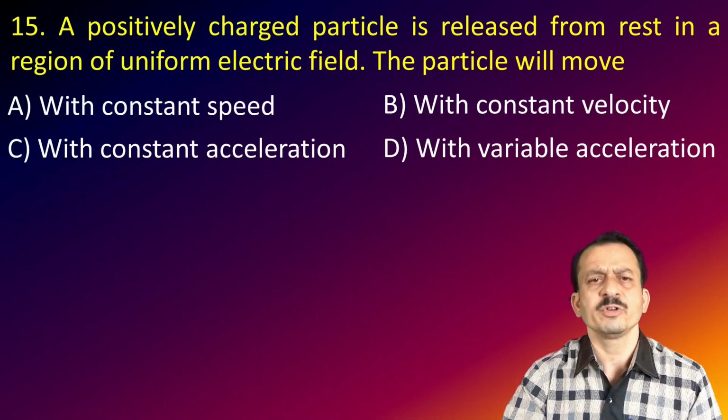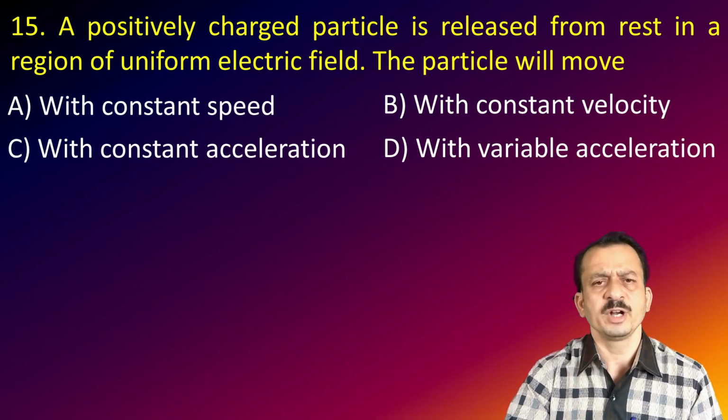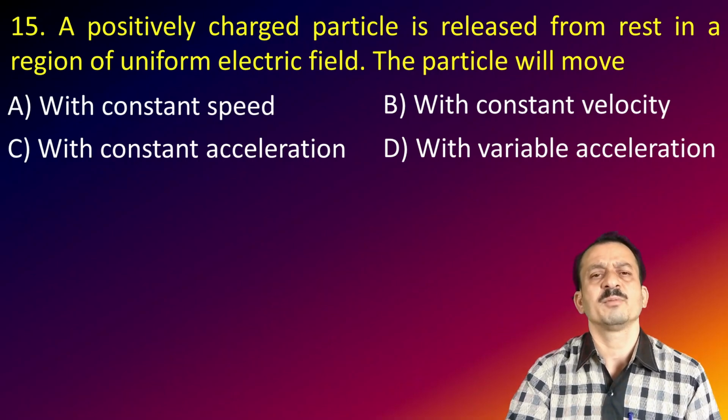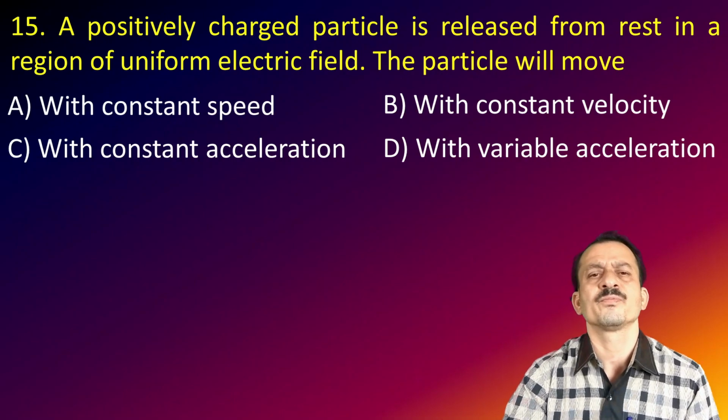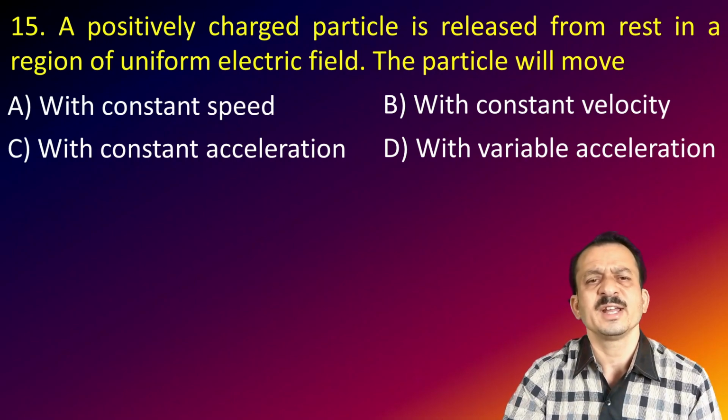So we have a uniform field. What is the meaning of uniform field? The field is constant everywhere. A positive charge is released from rest. It is initially at rest, it is now just released. So obviously it experiences a force. That means it gets accelerated.